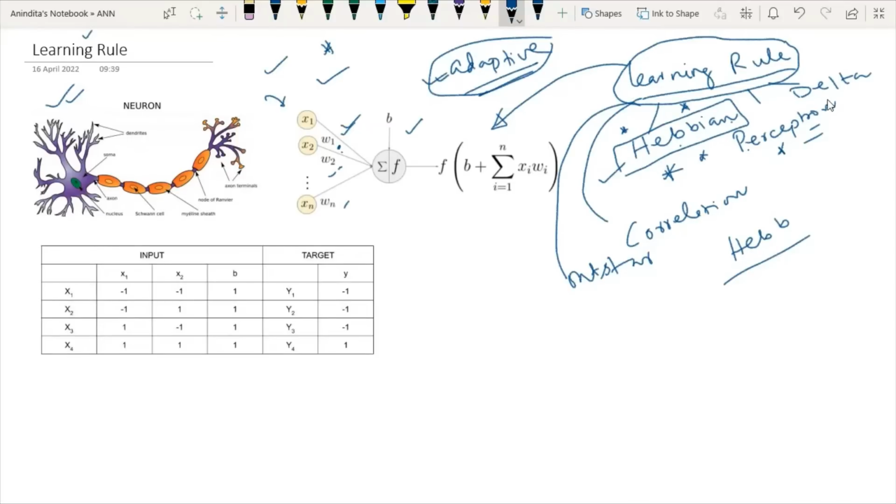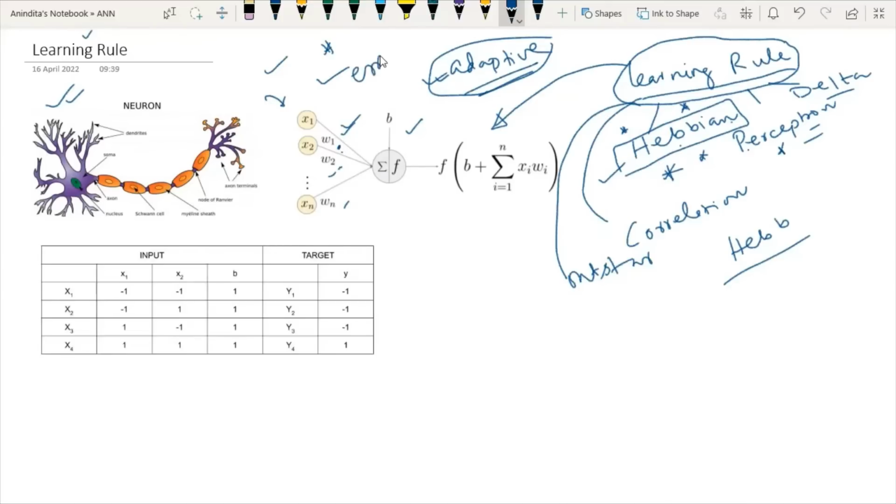Now you can ask me, okay, then tell me the basic concept of the delta learning rule. See, in the delta learning rule, the modification in the synaptic weight of a certain node is equal to the multiplication of error and the input.